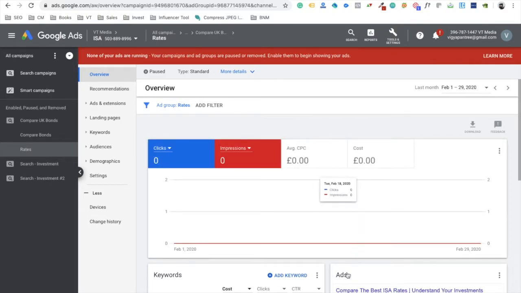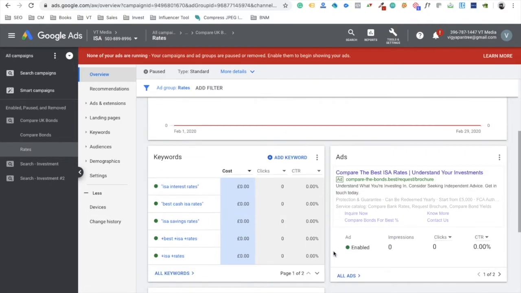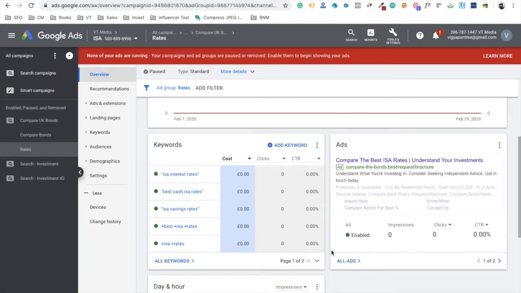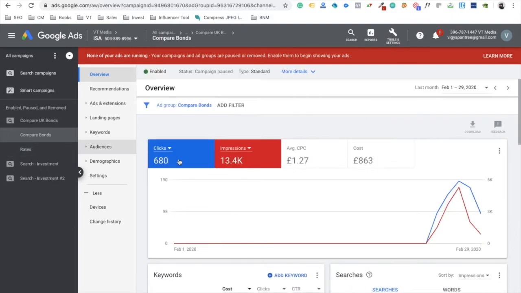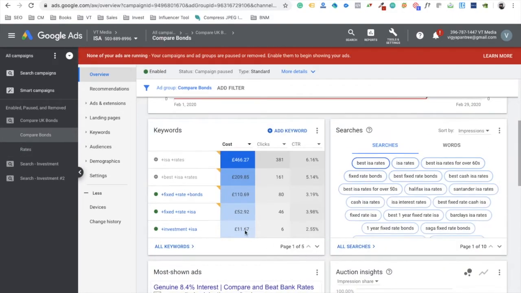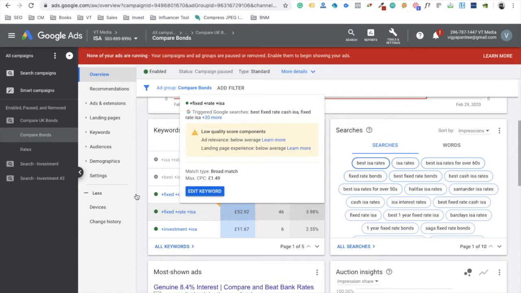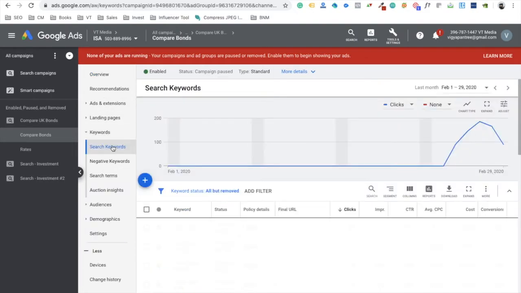Zero impressions, because I was using a very manual CPC method just to make sure I don't spend a lot of cost. But then I started another ad group, which was compare bonds, where I was using keywords like fixed rate bonds, fixed rate ISA. Let me just show you from here.